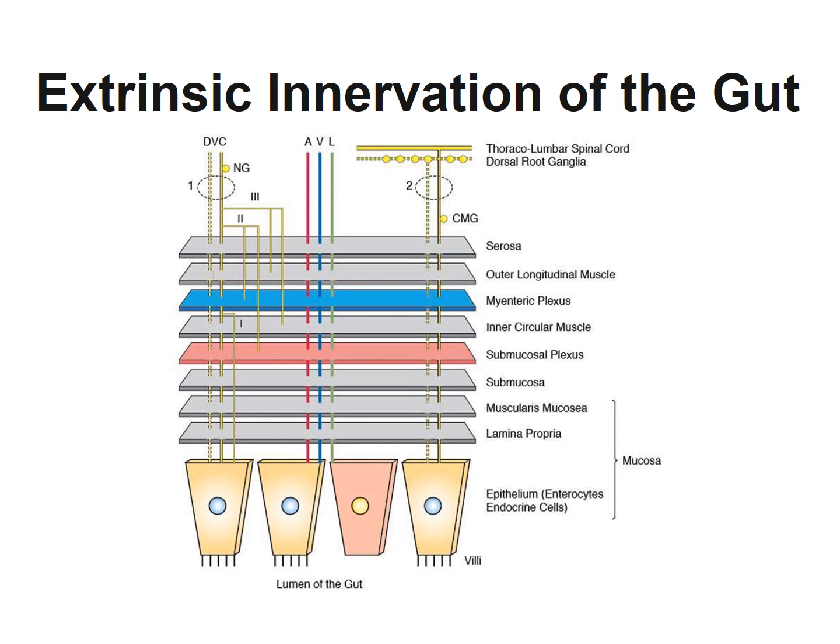It sends the information to the DVC, the dorsal vagal complex, which consists of three nuclei: area postrema, AP, NTS, nucleus tractus solitarius, and DMV, or dorsal motor nucleus of the vagus.